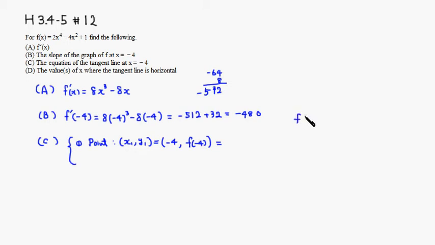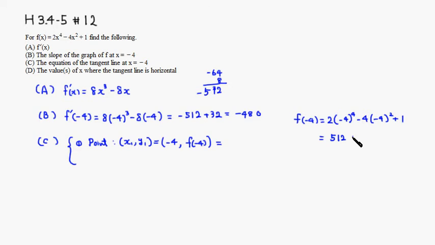f of negative 4, so you have to use the original function. It's 2 times negative 4 to the 4th power, it's kind of a big number, minus 4 times negative 4 squared plus 1. Negative 4 to the 4th is going to be 16 times 16, that's 256. 256 times 2 is 512.